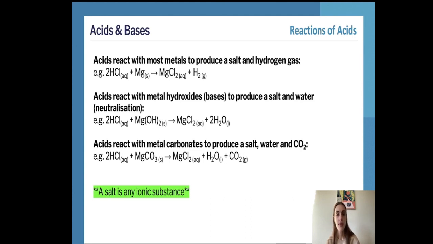An example of this is if we have hydrochloric acid and magnesium carbonate, and we can combine those to make magnesium chloride, water, and carbon dioxide. So hydrochloric acid is the acid, magnesium carbonate is our metal carbonate, magnesium chloride will be the salt, and then we've got water and carbon dioxide.